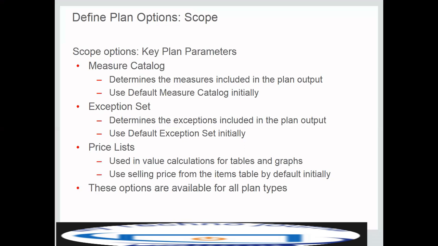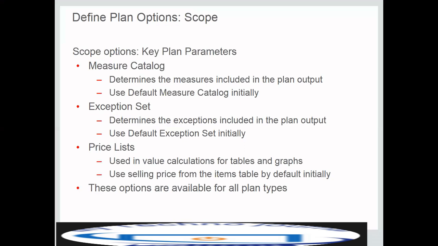Planning Analytics. Meaning, if I am defining a demand plan and I want to run it, it doesn't make sense for me to see the supply related measures, right? Similarly, if I am running a supply plan, in the output it doesn't make sense for me to see anything related to demand.